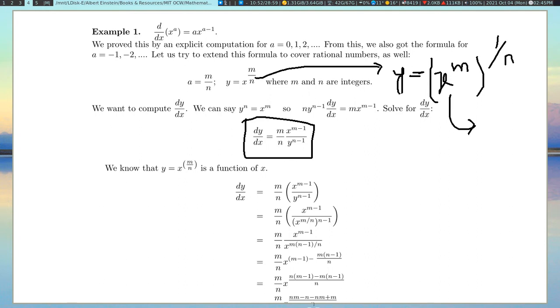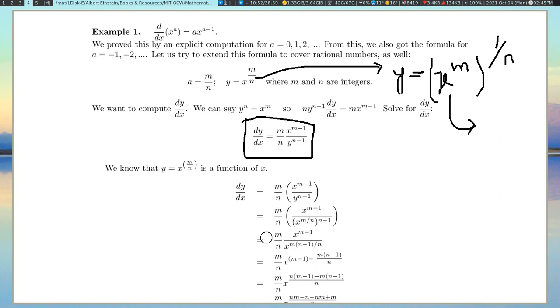Now what we do know is that y is a function of x, and m and n are integers. So you're doing something with x to get some value of y. That's a function. So dy over dx is equal to m over n of this. Then you replace y with x to the power m over n. So y to the n becomes x to the m over n, to the n minus 1.